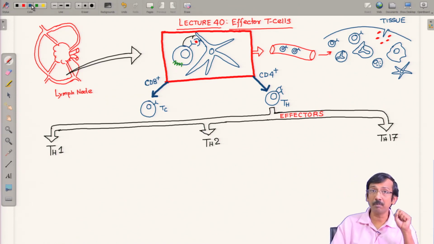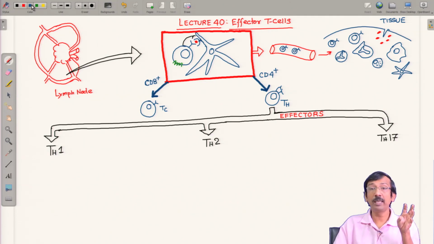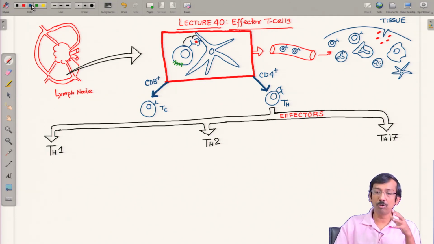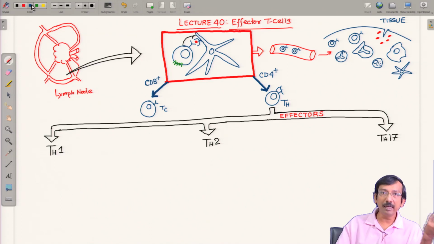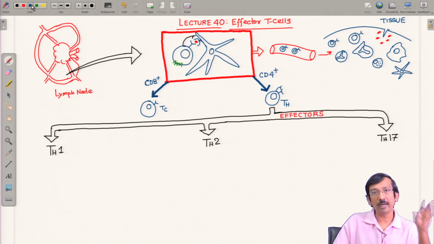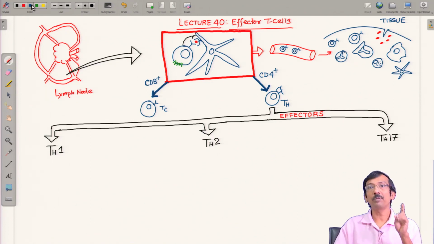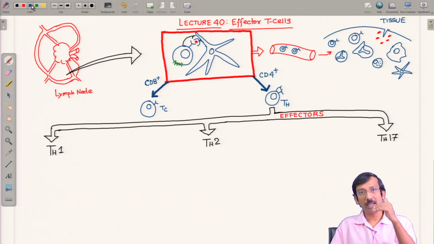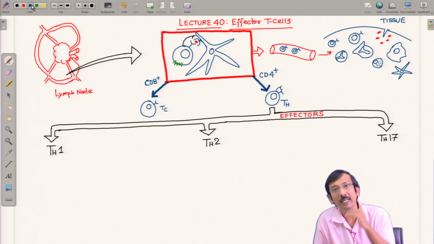So, when the innate system fails to kill a pathogen, destroy a pathogen and clear an infection, it transmits that signal to the cells of the adaptive system. Once the cells of the adaptive system get activated by the antigen presenting cells, the macrophages and dendritic cells, they come back and help the cells of the innate system to clear the pathogen.